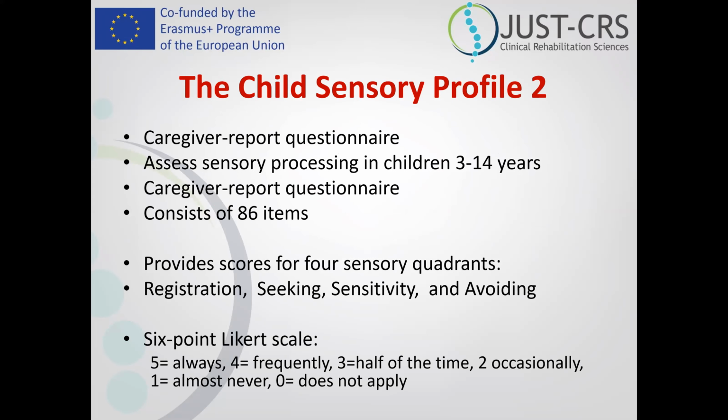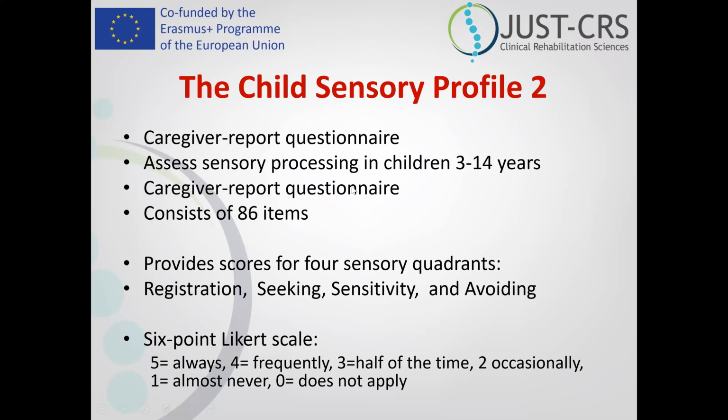I'm focusing on the Child Sensory Profile 2, since most children with ASD get diagnosed around the age of 2 to 3 years old, and that's when we try to look more at how sensory processing affects children's performance and participation.